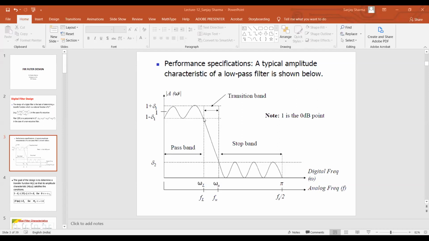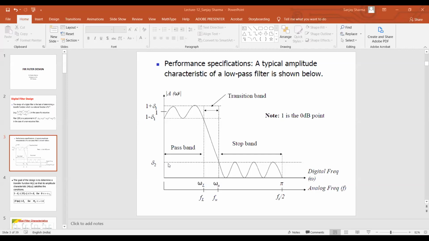Now, because it's a low pass filter, when the filter response goes from the pass band, the attenuation becomes very high and it goes towards the stop band. Corresponding to this point, you see here delta 2.